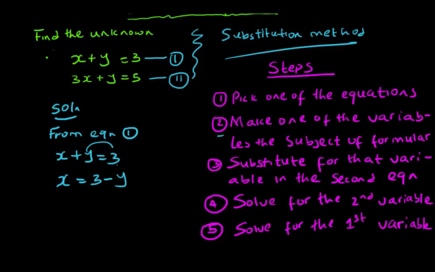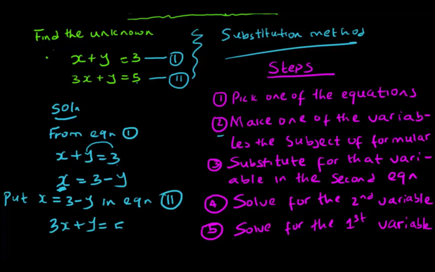Now let's go to step 3. Substitute for that variable in the second equation. Now look at what I'll do. Put x = 3 - y in equation 2. Can you see? I'm substituting for x in the second equation. So I have 3x + y = 5. That's what I overwrite, the second equation.